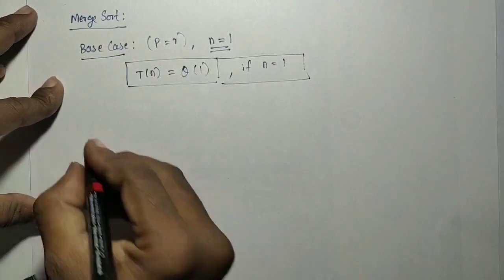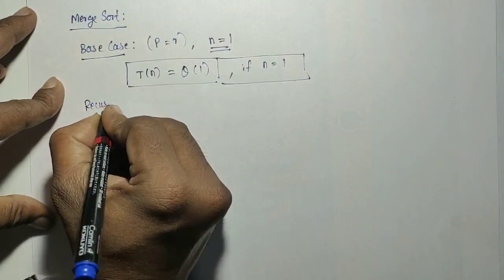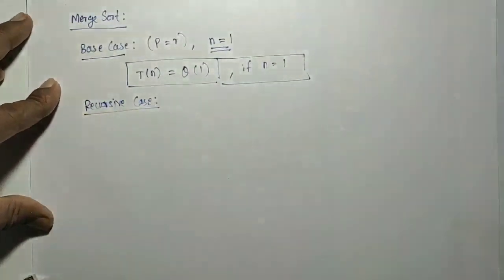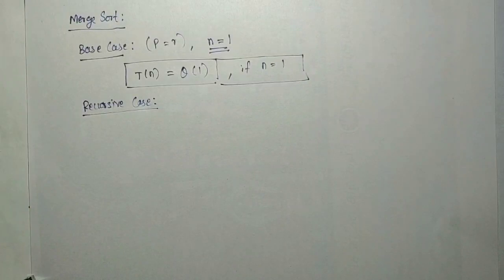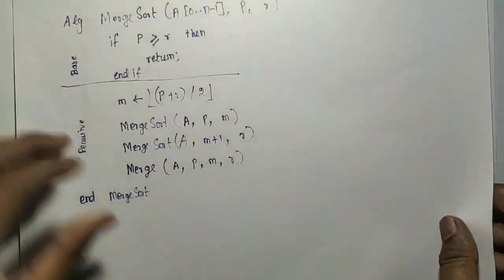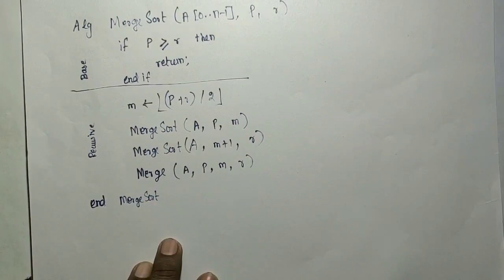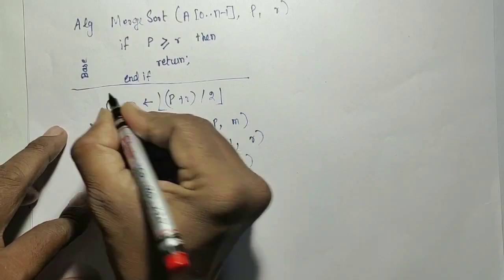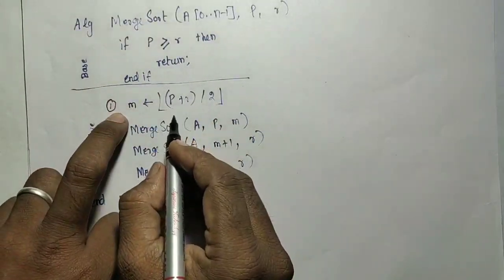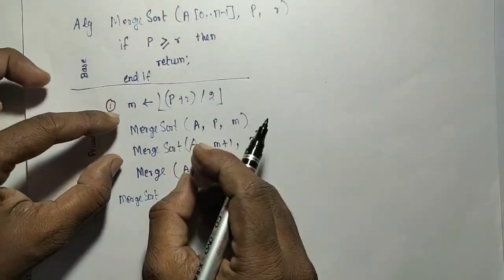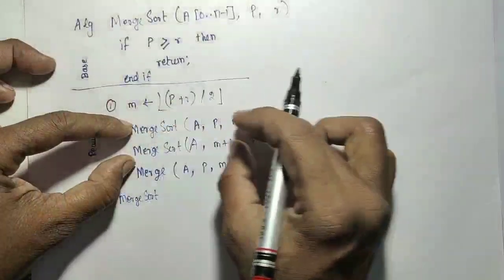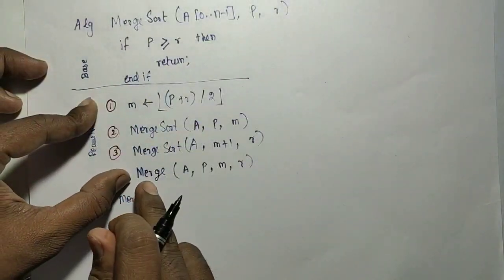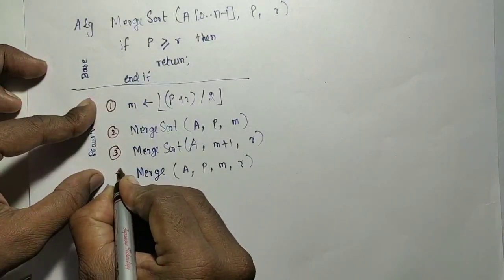The next is the recursive case. In the recursive case of the algorithm, statement number 1 is splitting, that is the divide. Statements 2 and 3 are calling the merge sort algorithm recursively, and the fourth one is the merge algorithm, which is the combine.